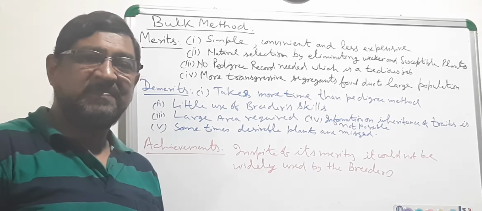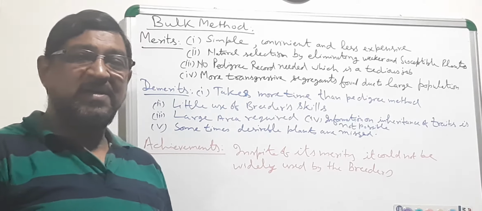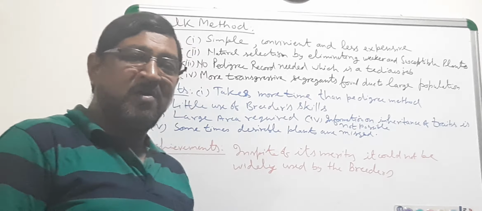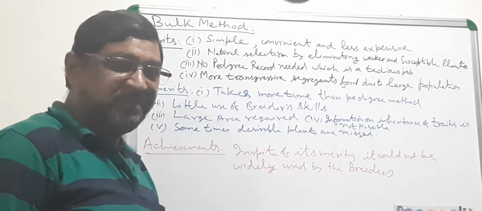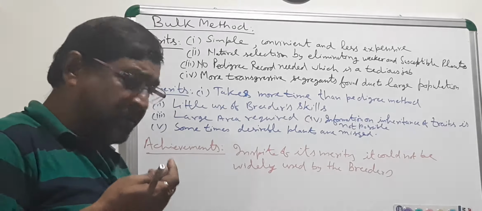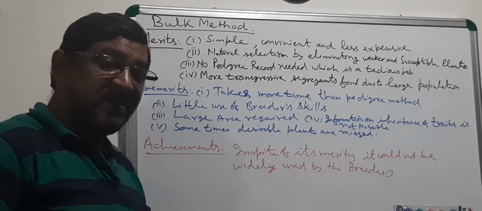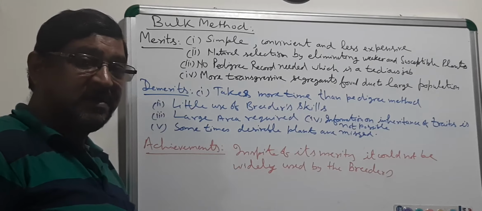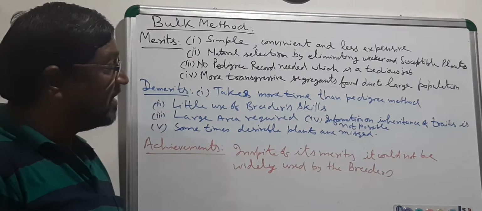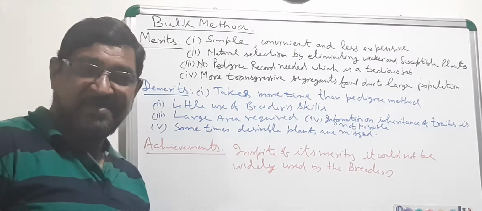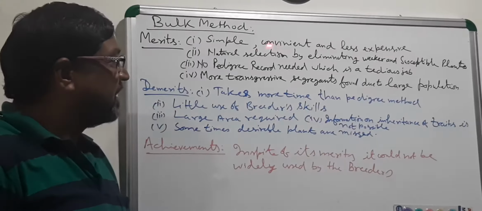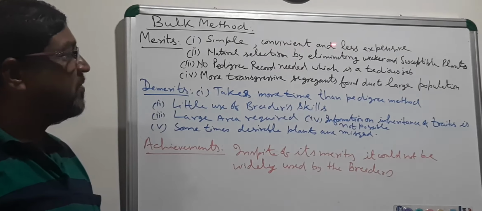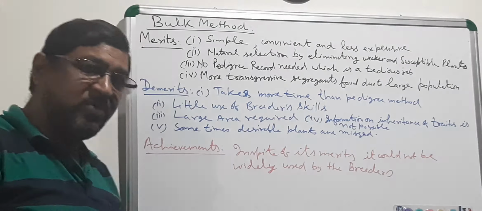That's all. So the breeder's involvement is not much there. So you are saving the time of breeders. If the time of breeders is saved, you have saved the expenses on it. You don't require a large number of breeders. So it is simple, convenient, and less expensive, you can say.